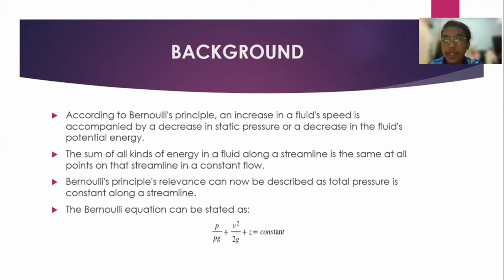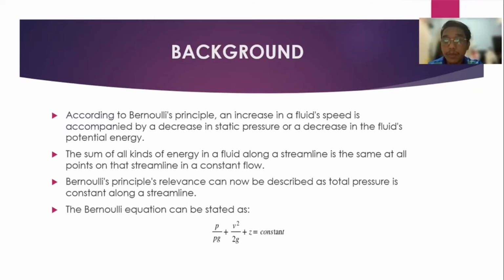Although Bernoulli established that the pressure decreases as flow speed increases, the sum of all kinds of energy in a fluid along a streamline is the same at any point on that streamline in constant flow. This necessitates that the total amount of kinetic, potential and internal energy remains constant.